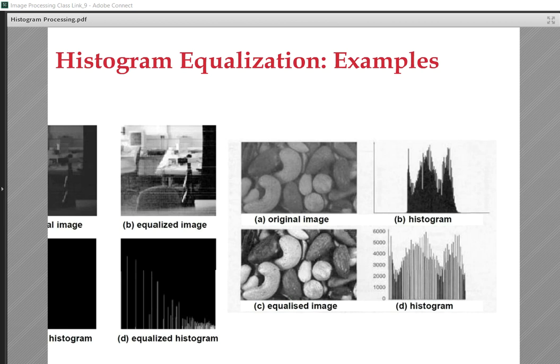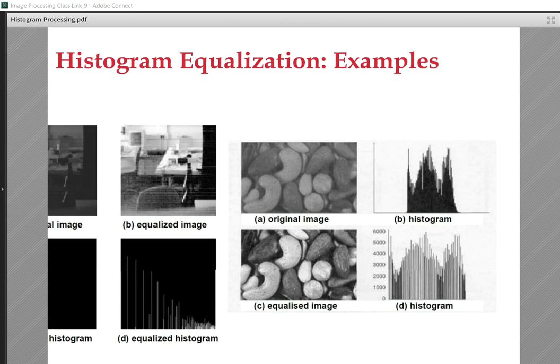This histogram is for the resultant image, extended from this area to this area, and somewhat flattened compared to this sharp one.